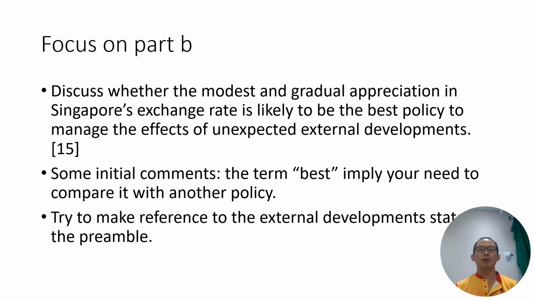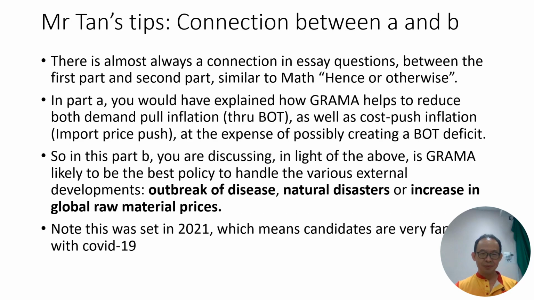So anytime you see the word best, it implies that there's a need to at least compare the gradual and modest appreciation of the Sing dollar with another policy to manage the effects of unexpected external developments. And of course, since they give you the preamble, you should make some reference to the external developments that are actually stated in the preamble. Let's move to the next slide.